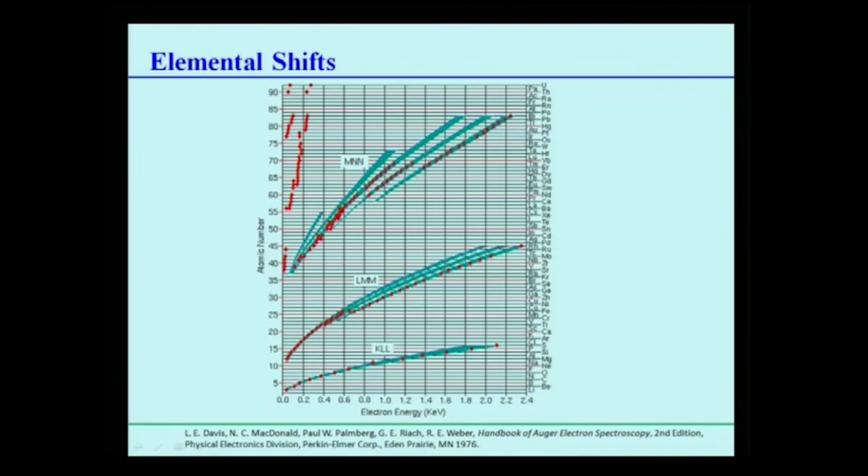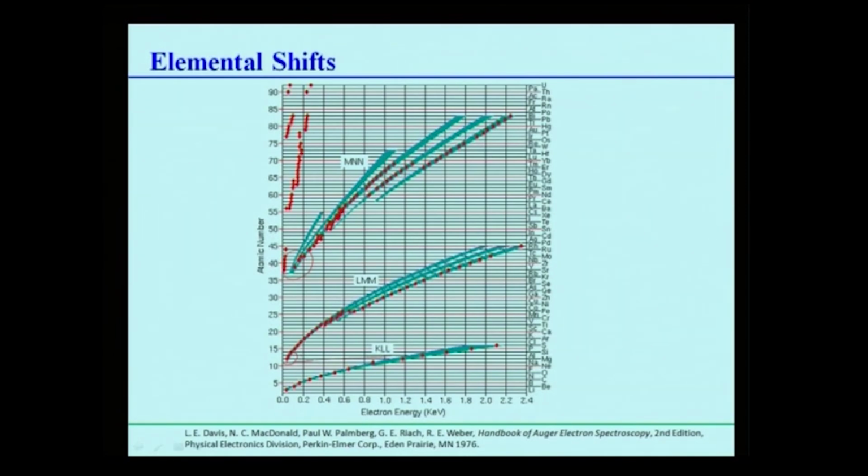Only when the atomic numbers of the elements are higher than 16 and lower than about 45, you have LMM transitions. And there is a small overlap between LMM and the KLL transitions. Similarly, there is a small overlap between MNN and LMM transitions also, but MNN transitions occur mostly for elements with a very high atomic number, more than 45 and less than about 83.